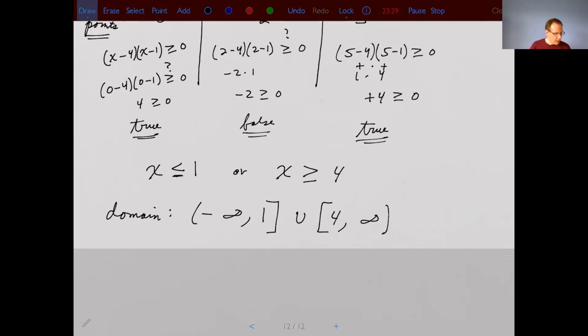Okay, so the next thing I want to talk about is, given a graph of a polynomial, sometimes we can write out the function, right? As long as it's not too complicated. So I want to show you a few examples of that where we can write out the function given the graph.